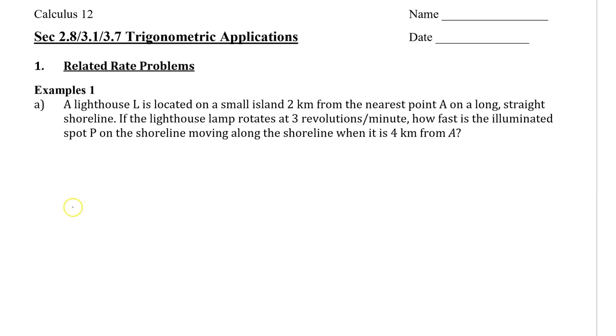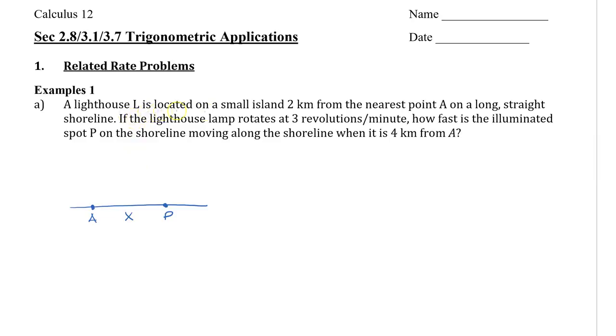All right, so we should definitely draw a picture. Here we have a shoreline, and we'll call this point A, and this will be P. Now it does say that the distance from P to A is 4 kilometers. However, we know that this distance is moving, so we're going to call this X because we don't want it to be fixed.